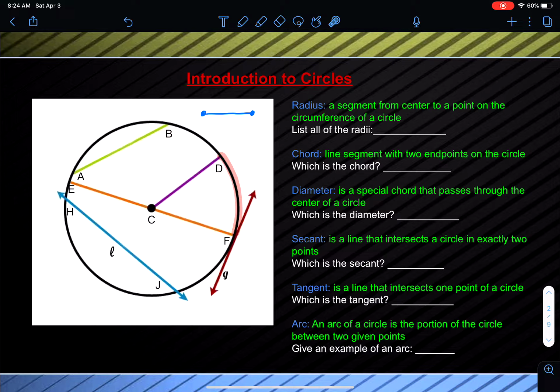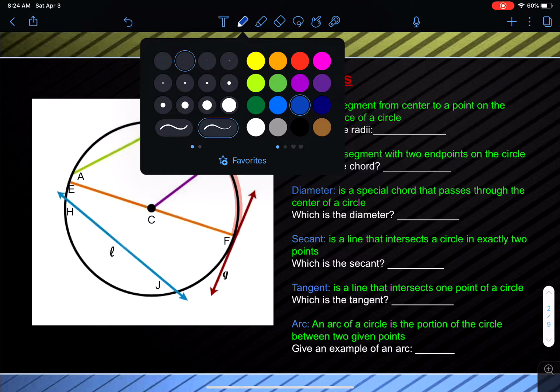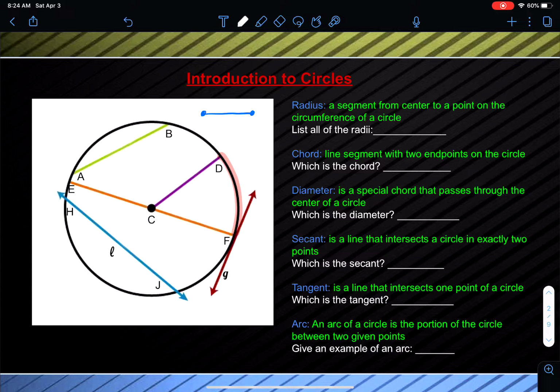So we need to start from the center. This is the center. And it has to have a point on the circumference, so here is one right there. So from here, this is my center, and I draw the line, there's a point on the circumference. That is one example of a radius. So we're going to say line segment CD as one of our radii.